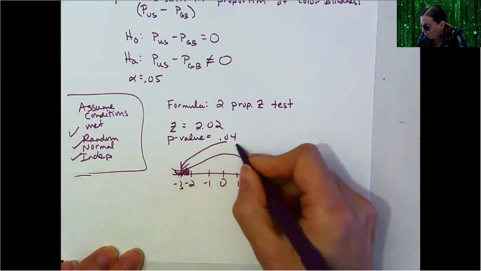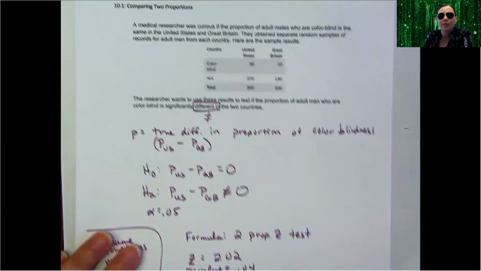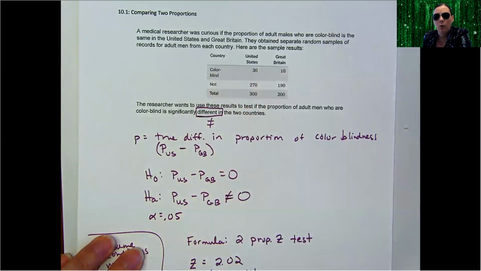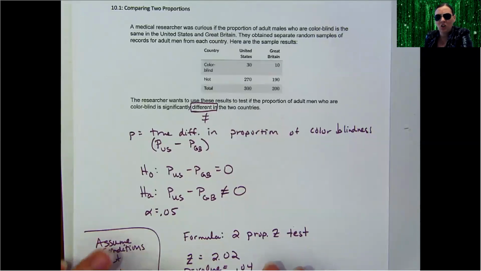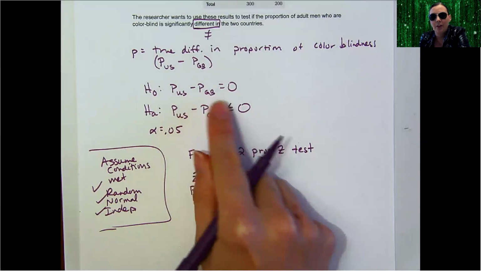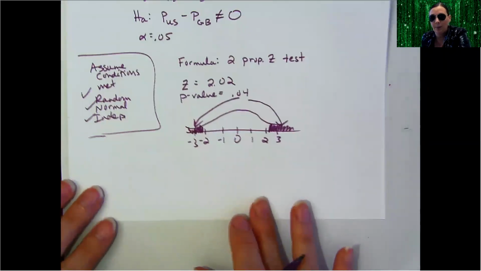The area under the curve is 4%. There's a 4% chance of this sample happening, 30 and 10. We beat the odds. 4% chance, that shouldn't have happened. We have evidence that this null hypothesis is a lie and that there is a difference between these two groups of men in America and in Great Britain.